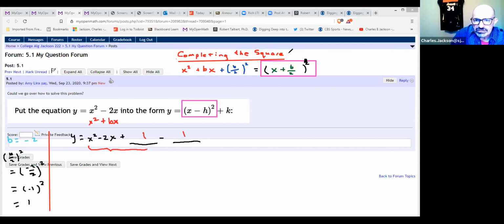It factors in this way here: the square of x plus b over 2. Okay, the square of x minus 1. And that's how this factors right here. We already know that. It's always going to factor in this way.